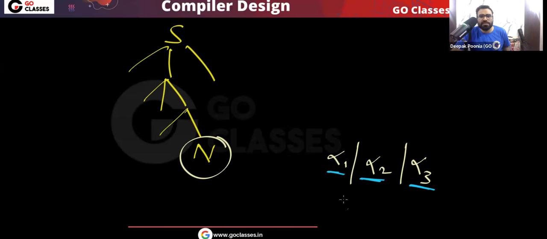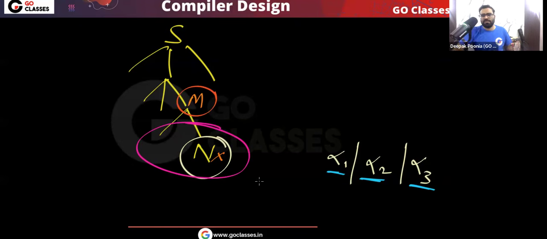Then you will say that this n is unsuccessful, this non-terminal has failed. If this non-terminal failed, what does it mean? It means that this branch has failed. So whatever non-terminal you have here, for this non-terminal, you will try a new production. Very simple. I hope you understood.